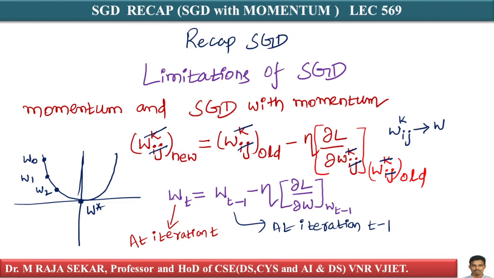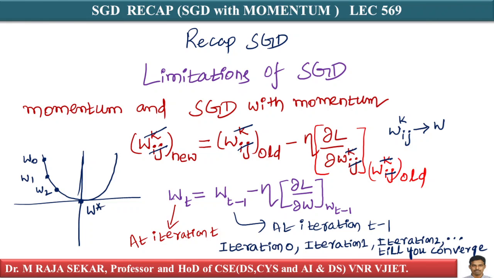We start with the zeroth iteration, then go to iteration 1, iteration 2, up to the time it converges. I simply rewrite this in a much easier to grasp notation.